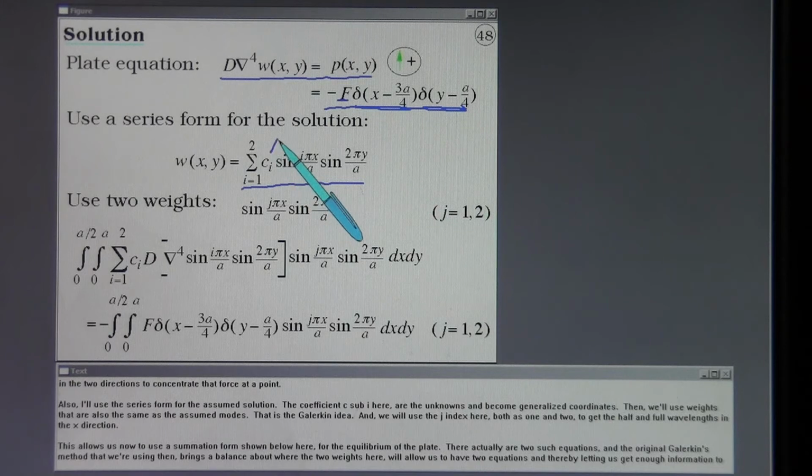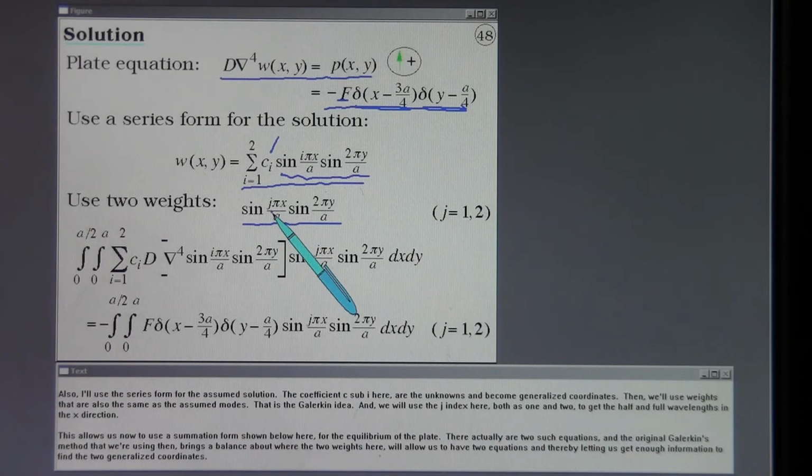The coefficients c sub i here are the unknowns and become generalized coordinates. Then we'll use weights that are also the same as the assumed modes, that is the Galerkin idea. And we will use the j index here both as 1 and 2 to get the half and full wavelengths in the x direction.